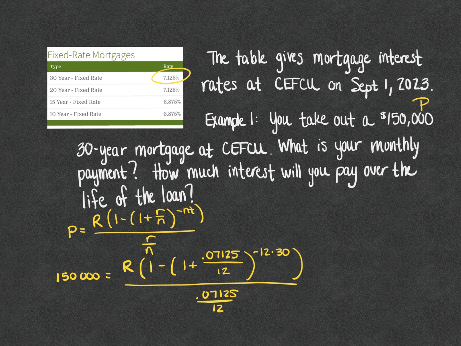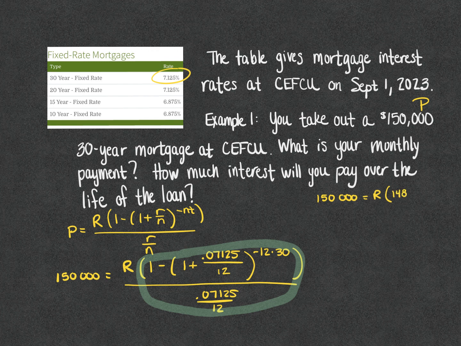As we have seen in similar formulas in the past, this quantity right here is being multiplied by R. Then we have to figure out what number R is so that it equals $150,000. As we do this calculation, no rounding will take place, but I am going to write a cut-off version of it.